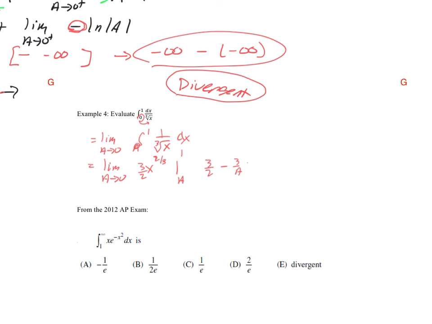Oh, I said halves and I wrote down an a. So now when I take my limit as a approaches 0 of 3/2 minus 3/2 a to the 2/3, this a is going to go to 0, leaving me with 3/2 as a result.